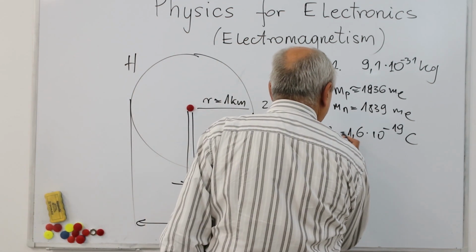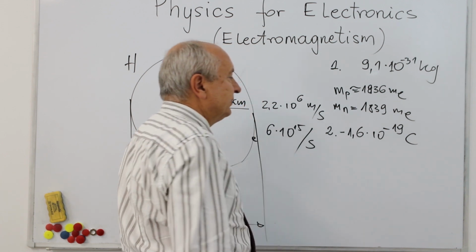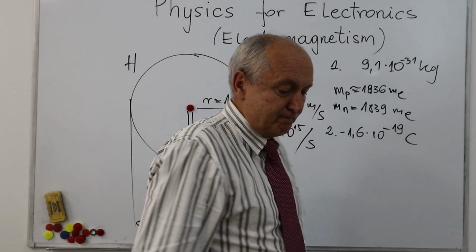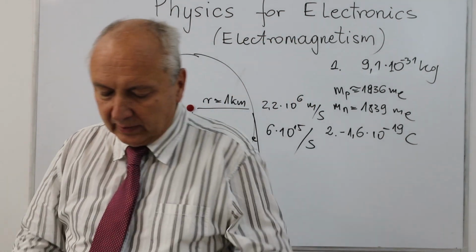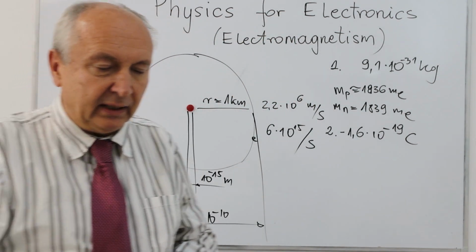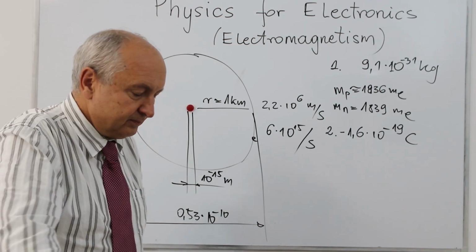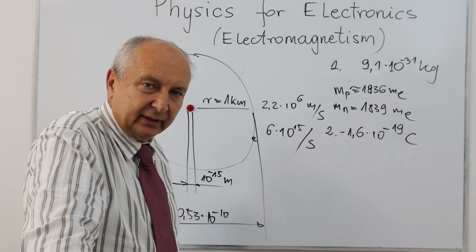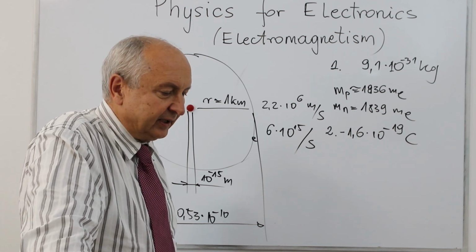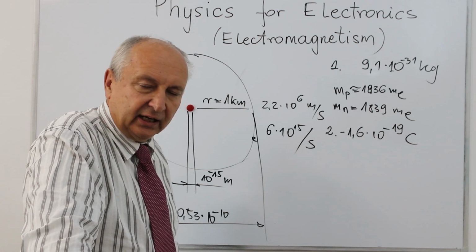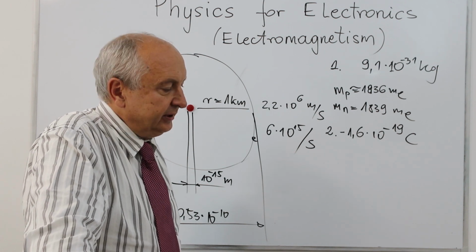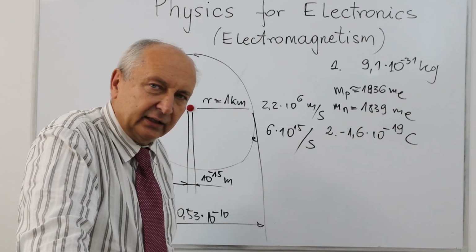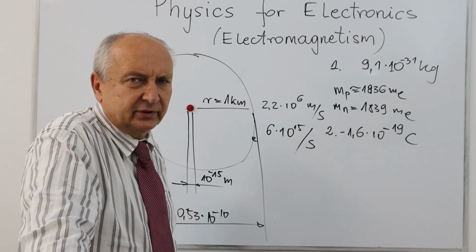And with minus, this is minus. Because why does the electron have minus? It came from the time of Ampere, when Ampere defined the electric current. He made the definition of electric current that this is the movement of positive charges.